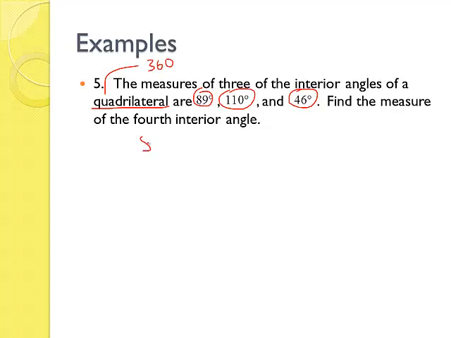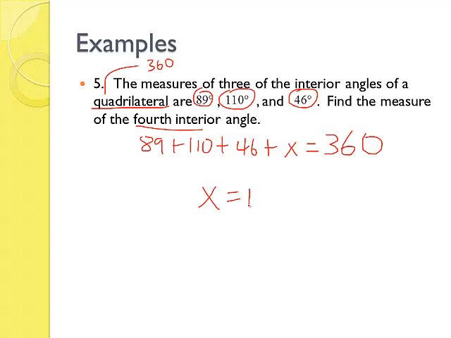So you can say 89 degrees plus 110 degrees plus 46 degrees plus our fourth interior angle, we call it x or y, it doesn't matter, equals 360. Solve this algebraically. You should get x equals 115 degrees. And that's it.